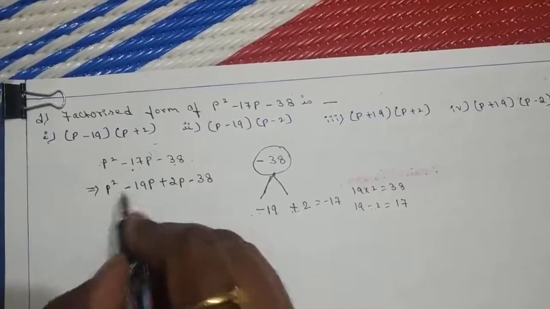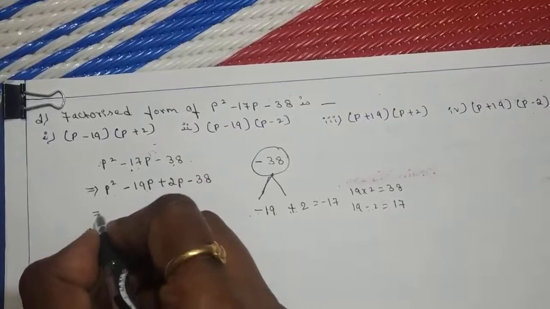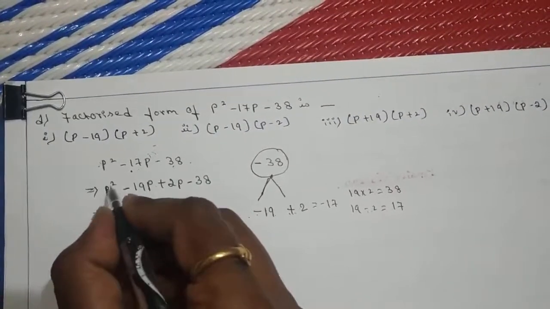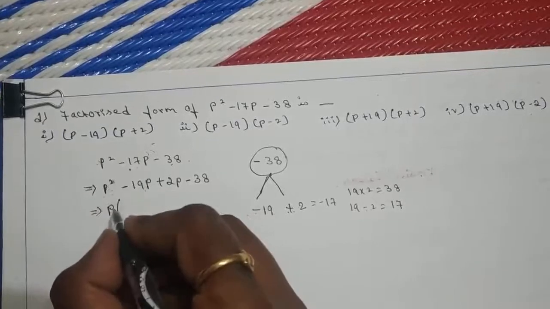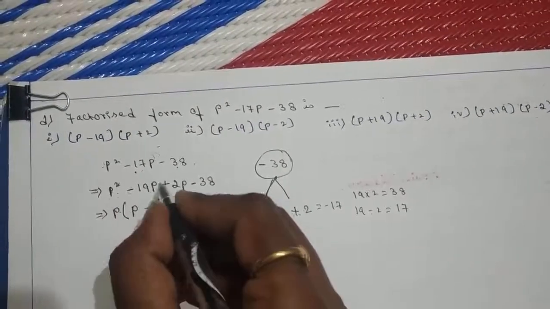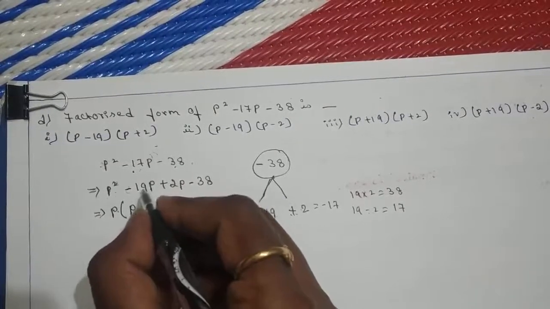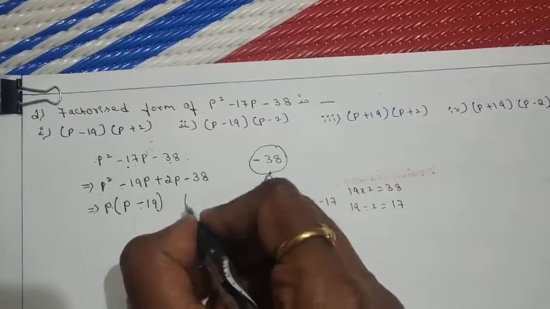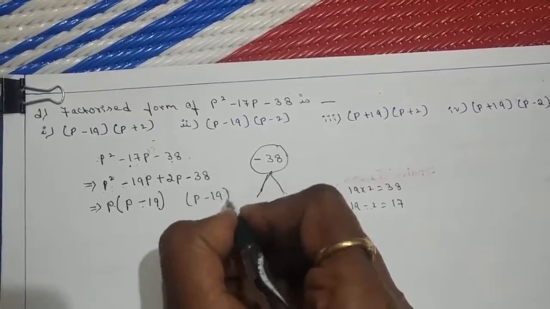Now take out the common between these 2. So what is common? p is common. Then here we have p square. One p is taken outside. Left out is another p minus this p is taken already outside. So left out inside is minus 19. So same thing you write it, minus 19 here also.